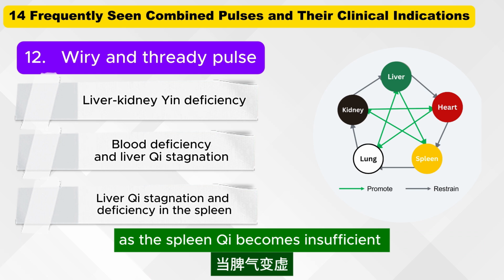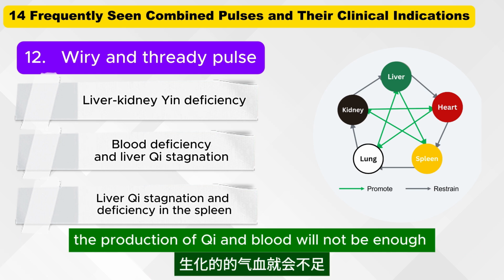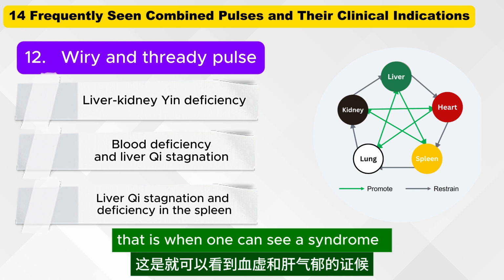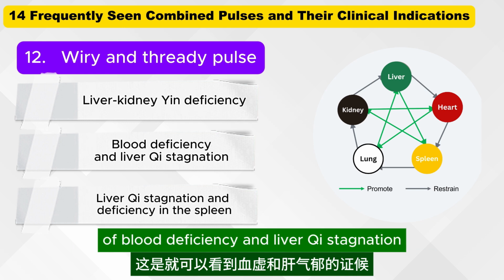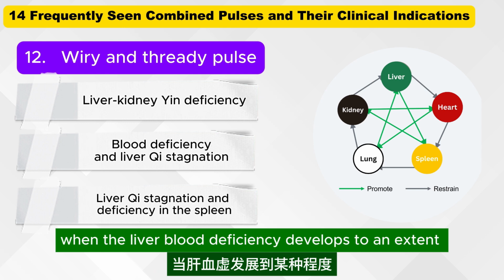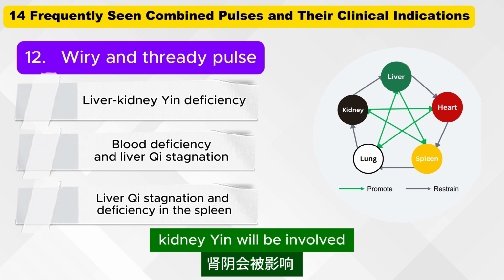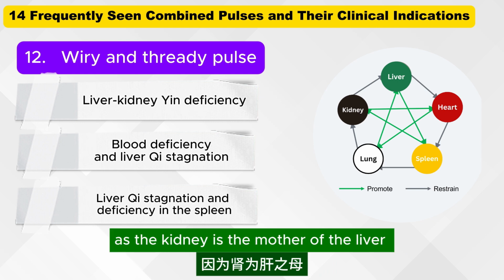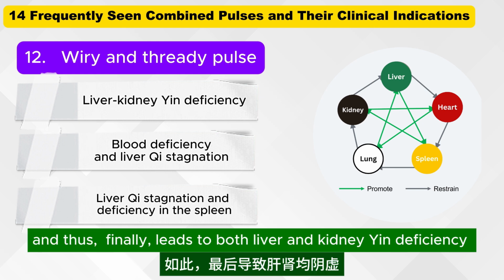As the spleen qi becomes insufficient, the production of qi and blood will not be enough. That is when one can see a syndrome of blood deficiency and liver qi stagnation. When the liver blood deficiency develops to an extent, kidney yin will be involved, as the kidney is the mother of the liver, and thus finally leads to both liver and kidney yin deficiency.